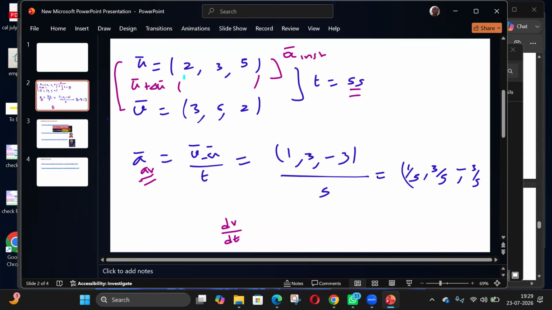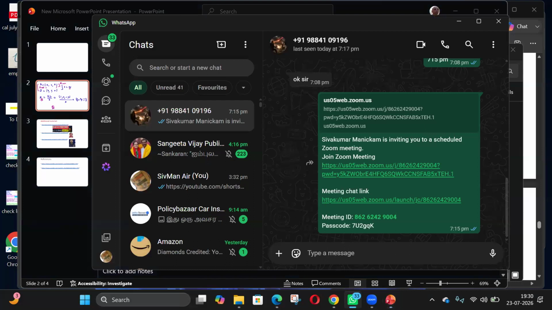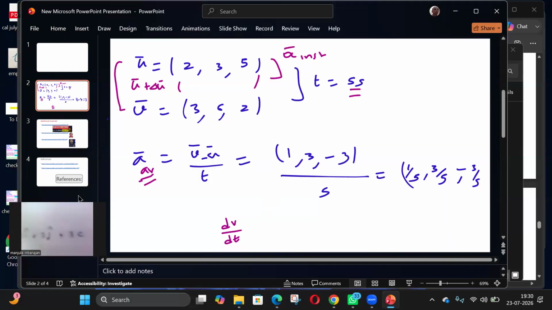Sure, send a snap of the question. Like 2i cap plus 3j cap and 3c k cap like that. If this is given, how to find the value of c? Sorry, is it visible? Wait, I'll just remove. Yes, it is visible now, sir.